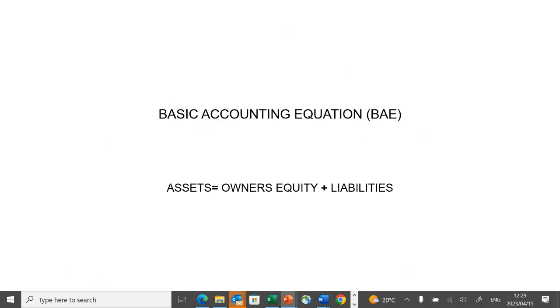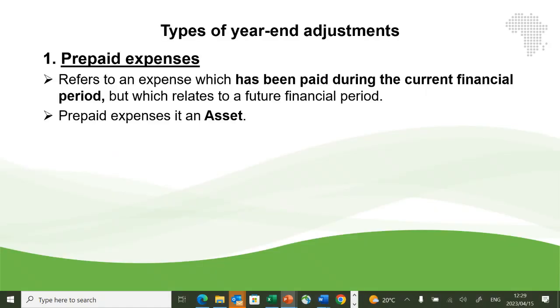There's no income and expenses. So if you want to show the effect, you know that if it's a transaction that affects income or expenses, it will affect owner's equity. It has always been like that. Nothing has changed. So now we are starting with the types of year-end adjustments that we do.